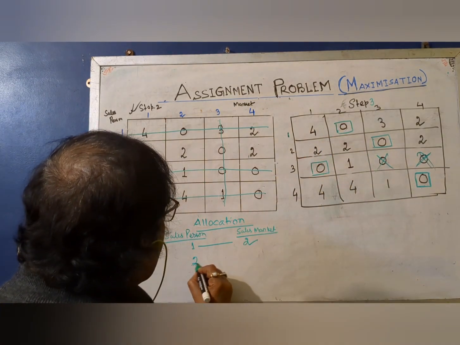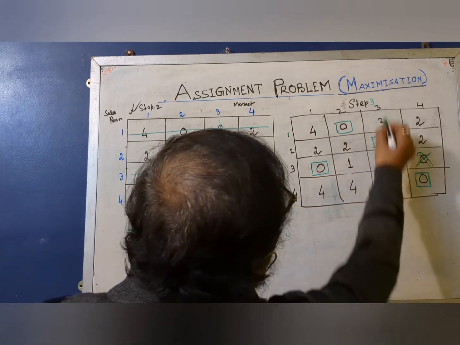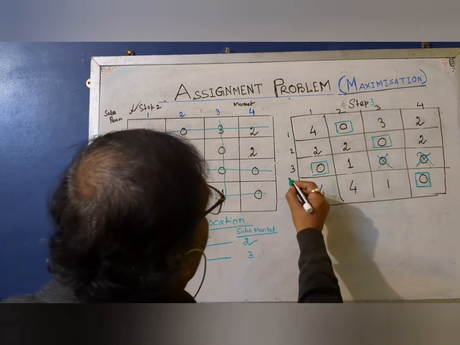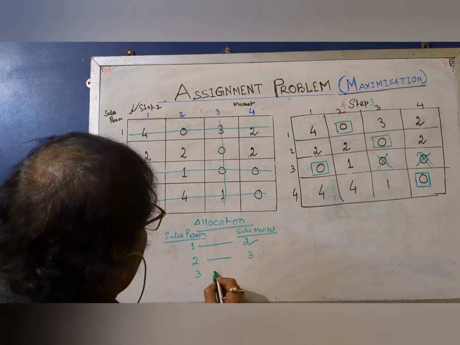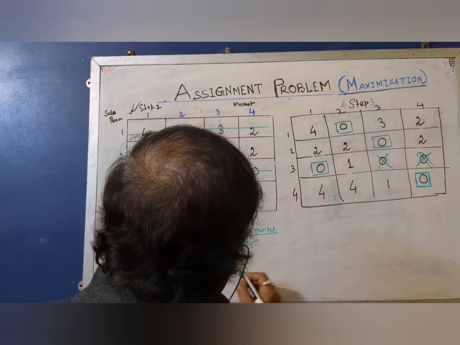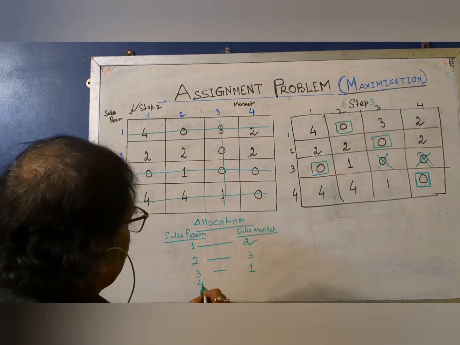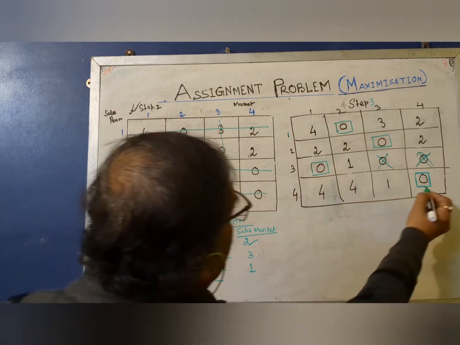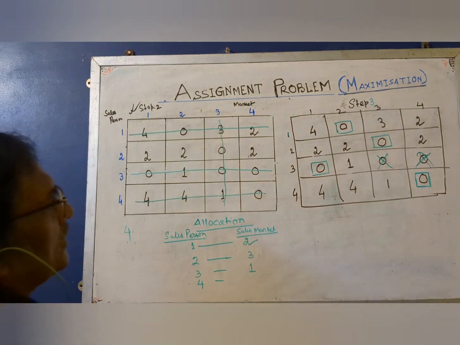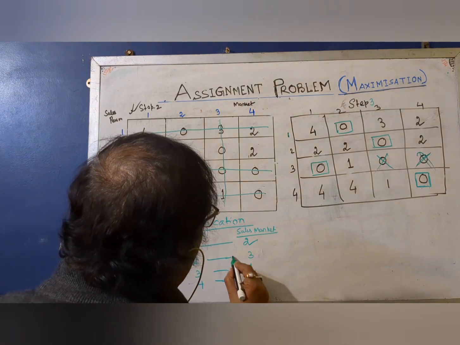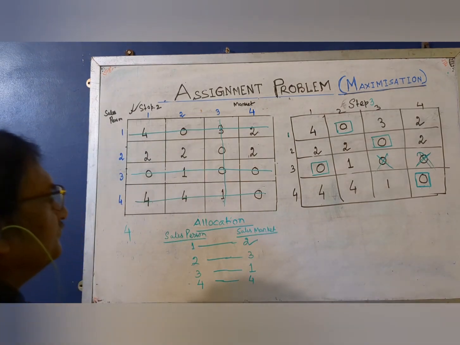The second salesperson you should allocate with selling market 3, and third salesperson you have to attach with the market 1, and the fourth salesperson you have to attach with selling market 4. In this way you have to allocate.